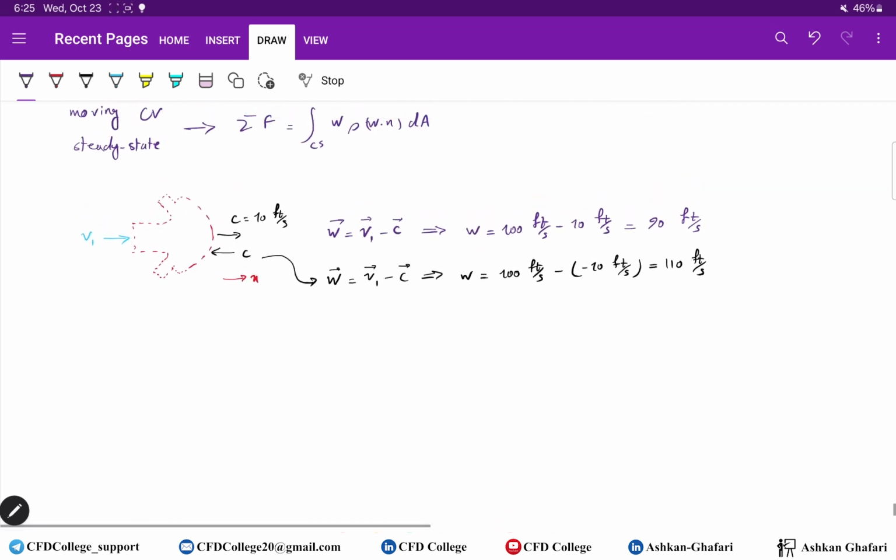So everything is the same as part A. The only thing that changes is W, is the velocity.